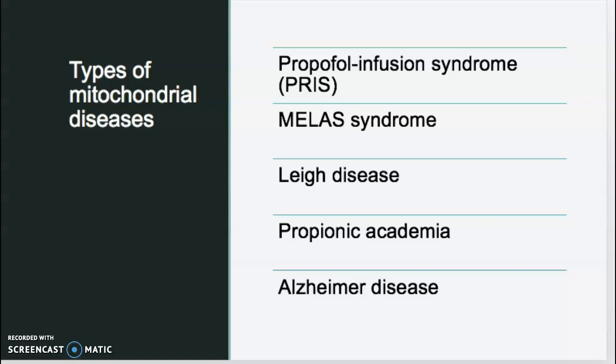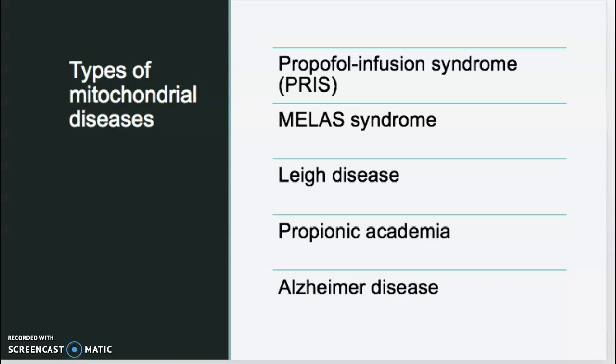And then the last one is Alzheimer's disease, and this is primarily seen with inhalation of isoflurane, and it induces caspase activation and apoptosis, and this just primarily means that mitochondrial function is being inhibited in some capacity. So you have apoptosis of certain cells because the mitochondria are inhibited.